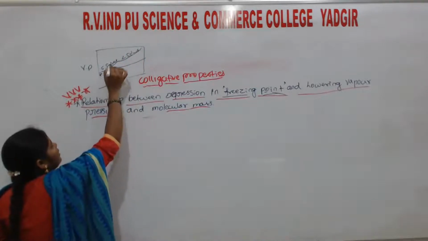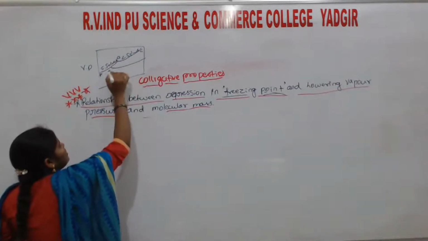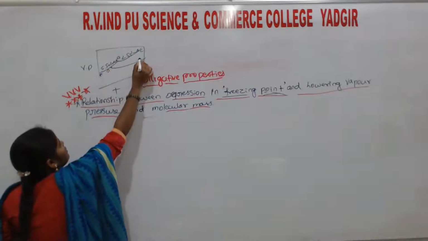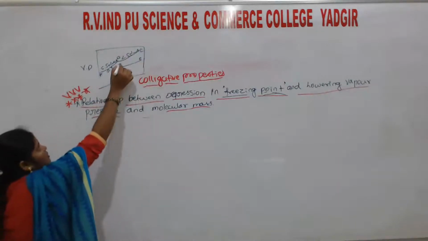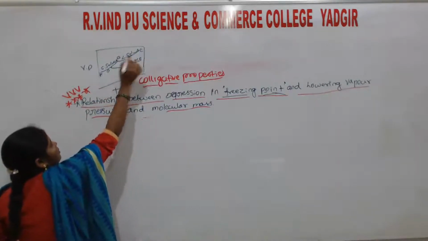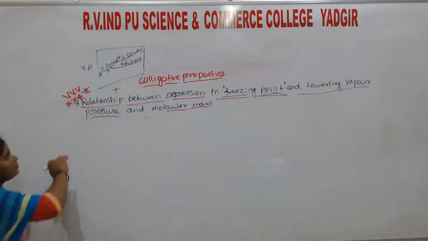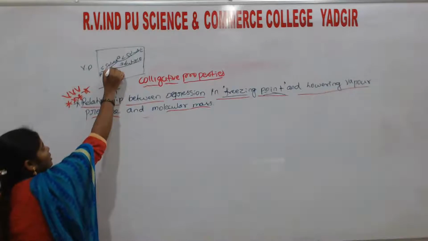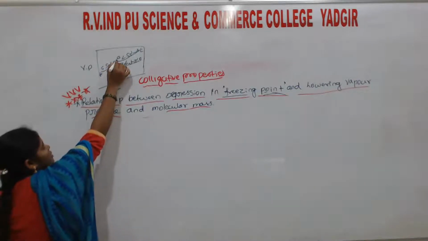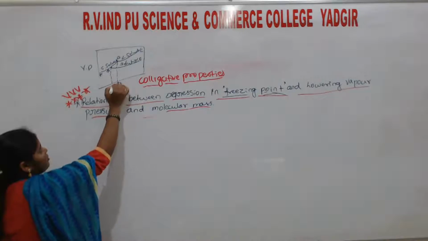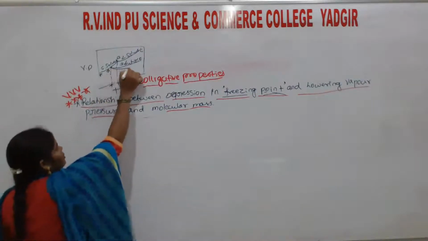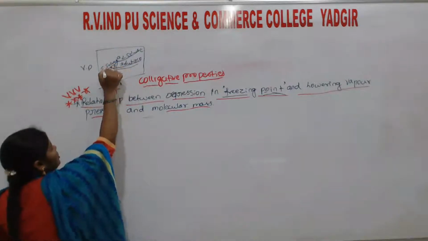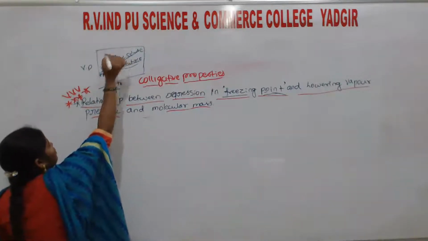This point is A, this is B, this is C, this is D, and this is E. This is the solution curve, and here the temperatures are T0 and T. First, we consider this equation, where P1 is the pressure, and this is P2, and this is P0.